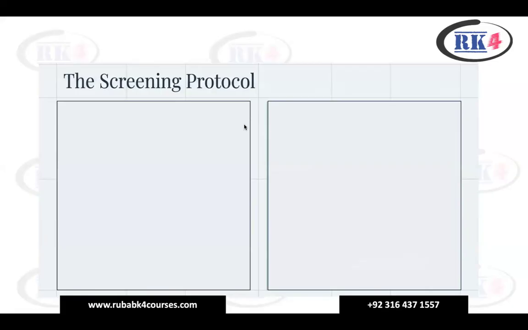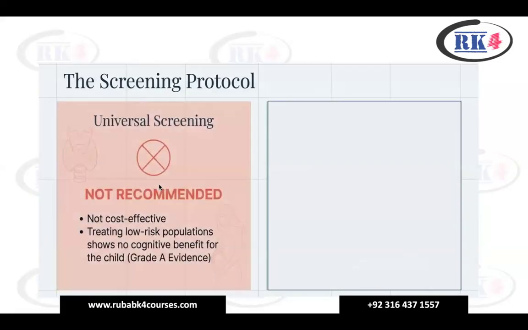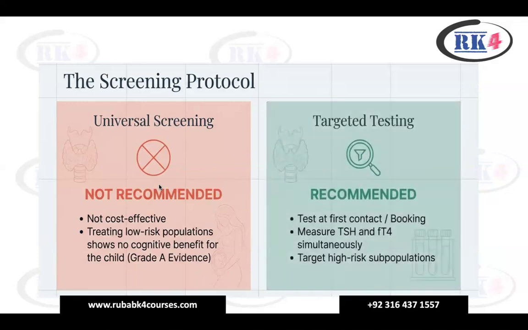After this, they reached a consensus that universal screening is not recommended for all pregnant women, because it is not cost effective, and treating low-risk women would not have any benefit for the child in the long term. So remember this. This is a grade A evidence in the guideline. What does the guideline recommend? It says first identify the high-risk population, and then you can do targeted testing.